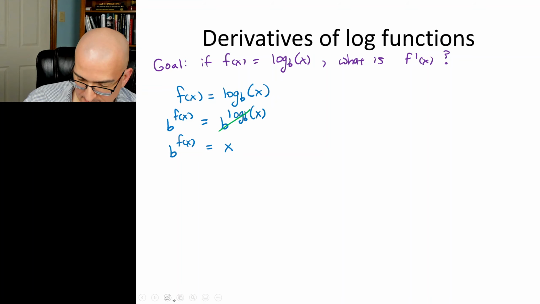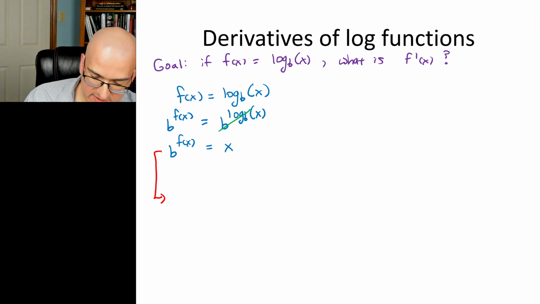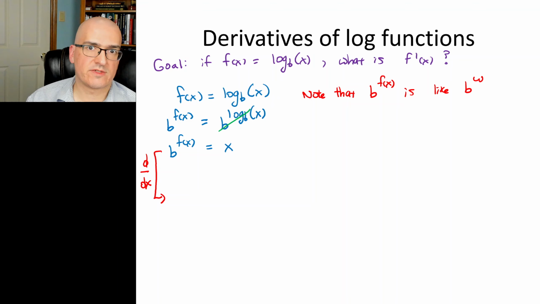The next thing I'll do is take the derivative of both sides. And I'll note that b to the f of x is like b to the power of w. w just stands for a function. f of x just stands for a function.